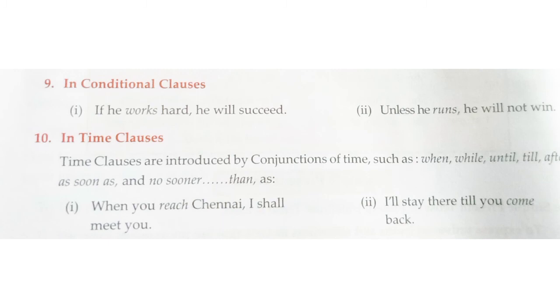The next clause is definitely a different one. For example, when you reach Chennai, I shall meet you: future in the principal clause, present indefinite in the previous one. Again, the second example is I'll stay there, that is the principal clause.